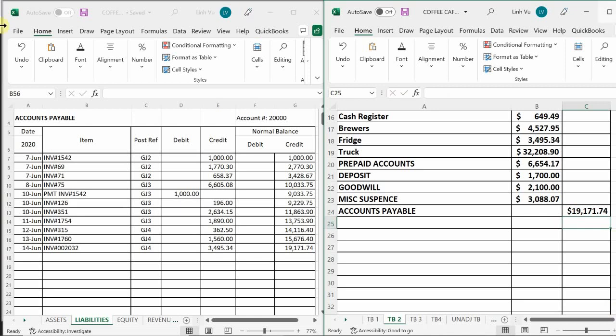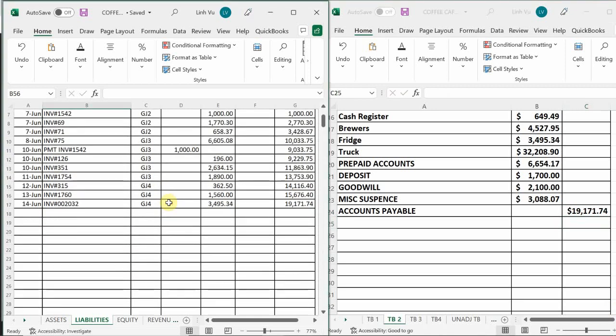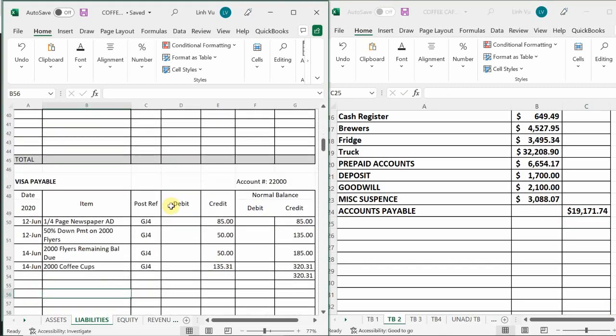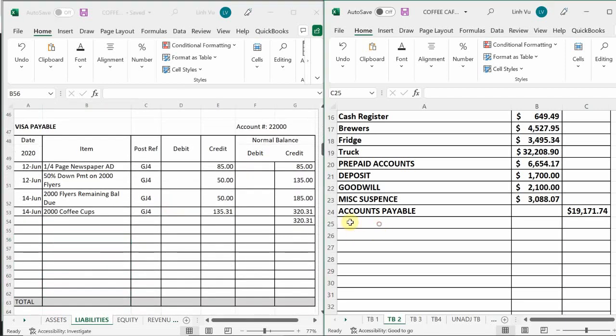Okay. Let's see what else I owe. I got a business credit card. So I owe money on it. Right now, how much do I owe?